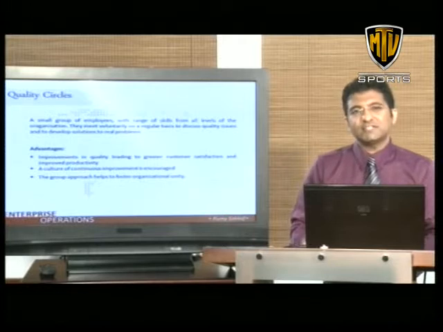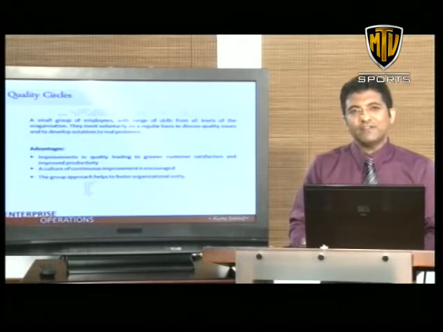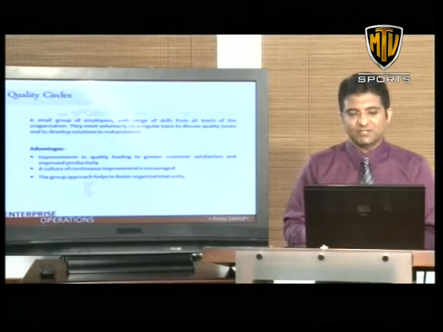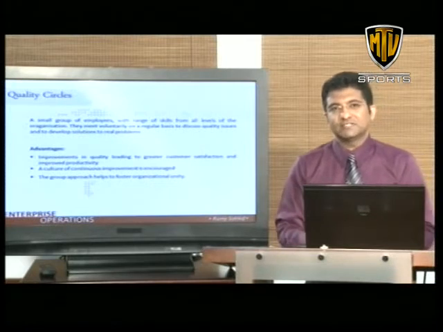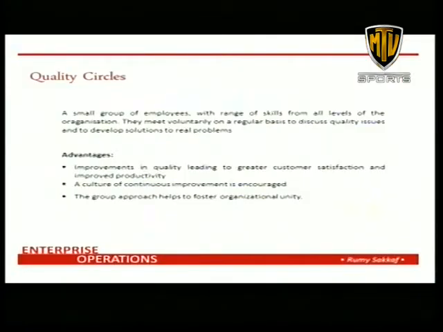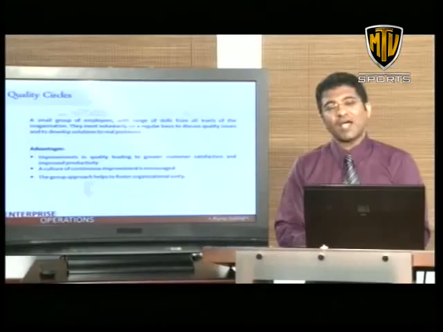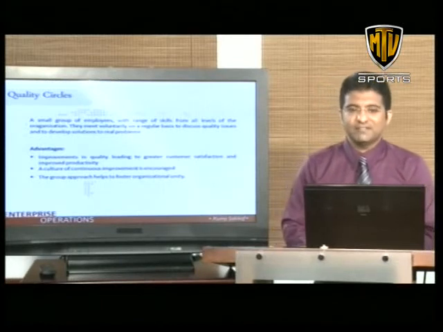So now let's talk about the advantages of quality circles. One of the major advantages of quality circles is greater satisfaction and improved productivity through quality. In other words, quality will lead to customer satisfaction, and quality will lead to improved productivity. And also the quality-related culture will be spread inside the organization through these quality circles, because members of different skill levels and different hierarchies are involved in this circle.